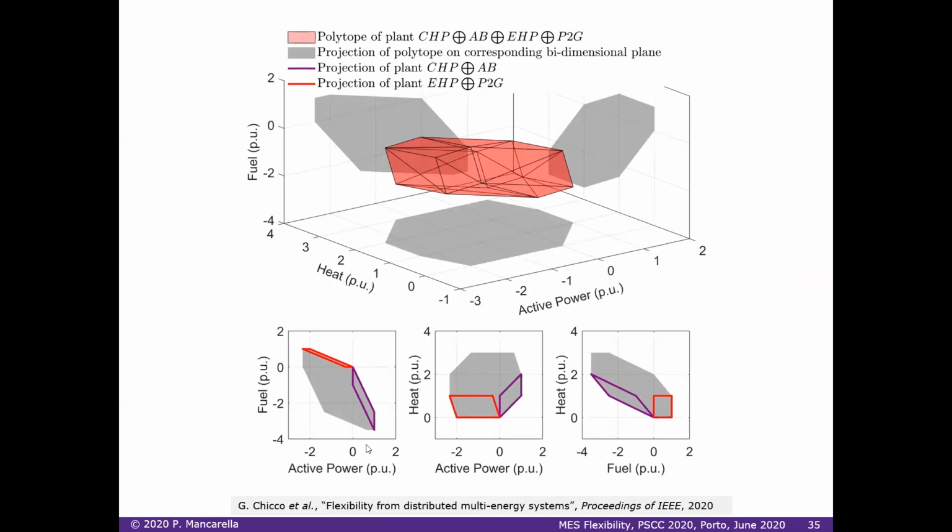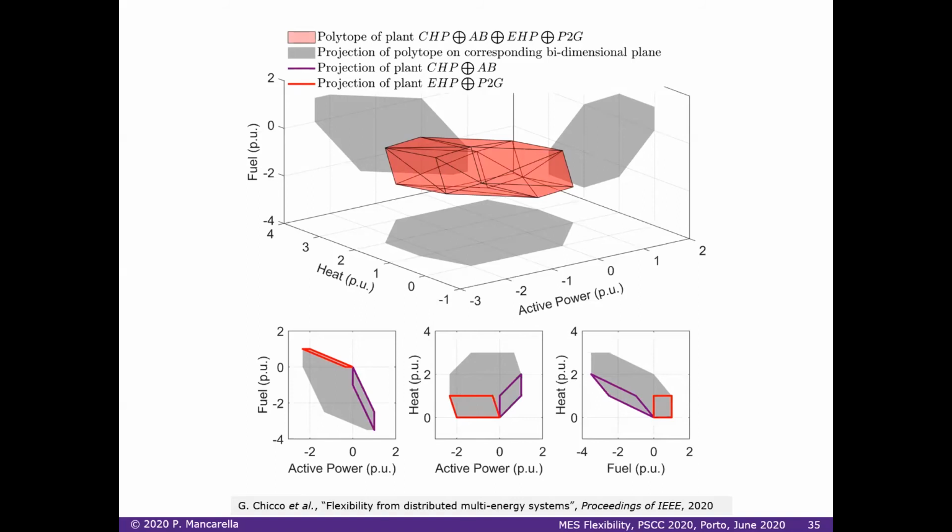And again, if we are particularly interested in the active power and heat maps, you see that when you aggregate all the different technologies, the equivalent that you get, which is the gray region, is much, much larger than the sum of the individual aggregates.